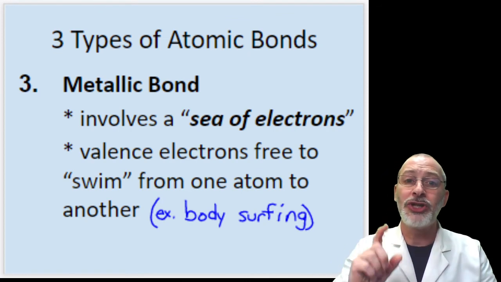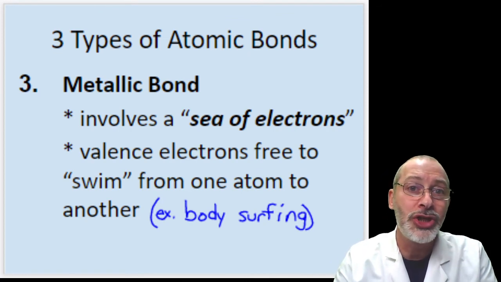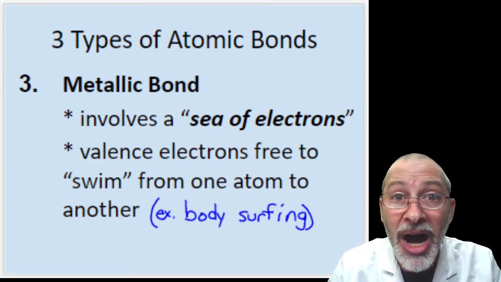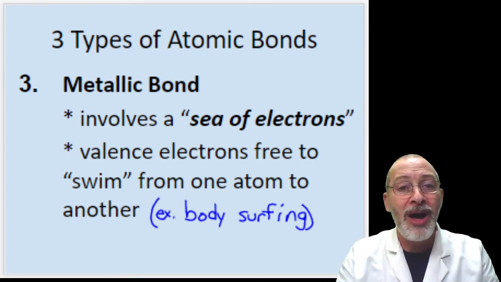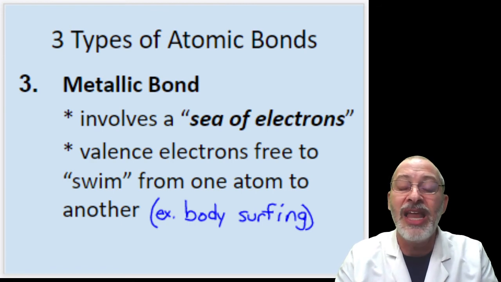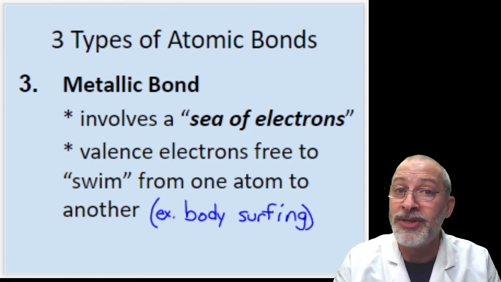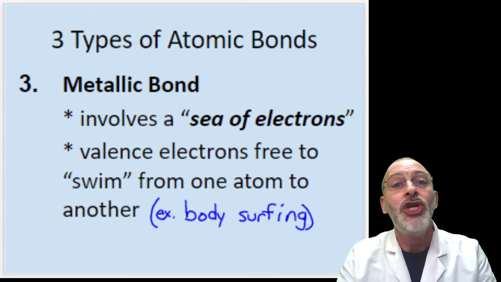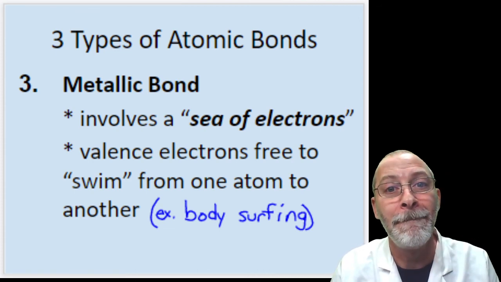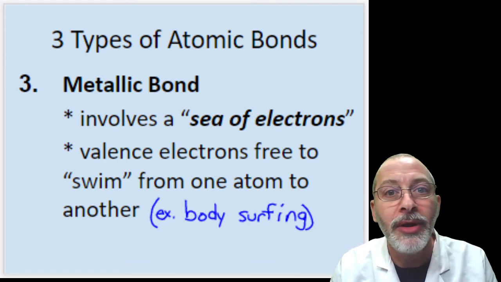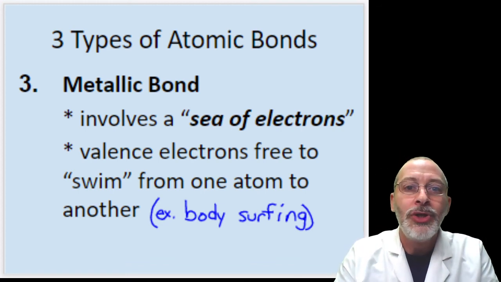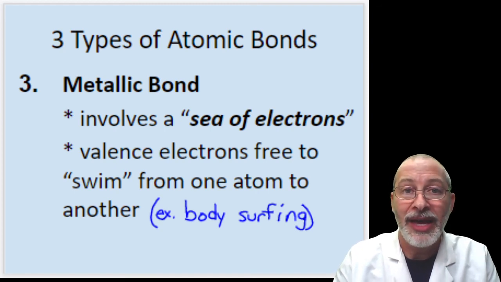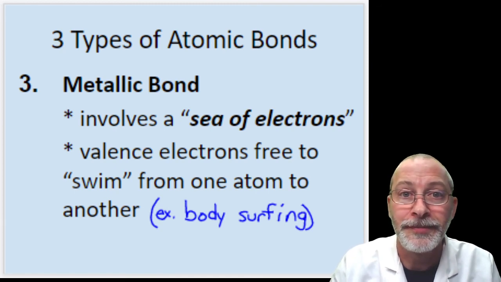I think that's actually a very good illustration of what happens to electrons in a metallic bond. Metallic bonds involve this sea of electrons, which happen to be the valence electrons that are free to swim or move back and forth from one atom to another, kind of like body surfing at a Metallica concert.